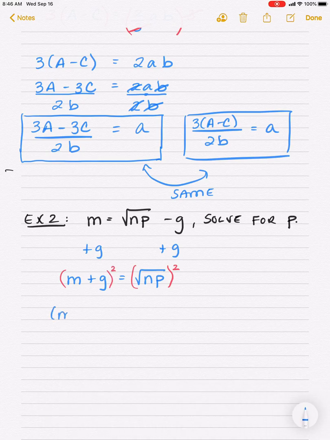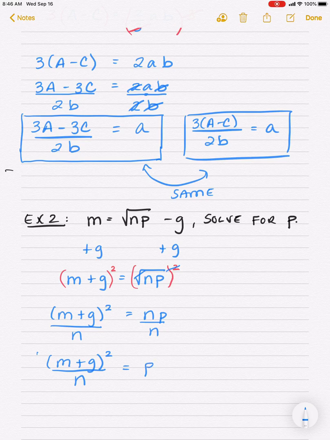Now, this side is (m plus g) squared, then the square root and the square cancel each other, and I get np. Divide both sides by n, and I get (m plus g) squared divided by n is equal to p. This answer looks good to me.